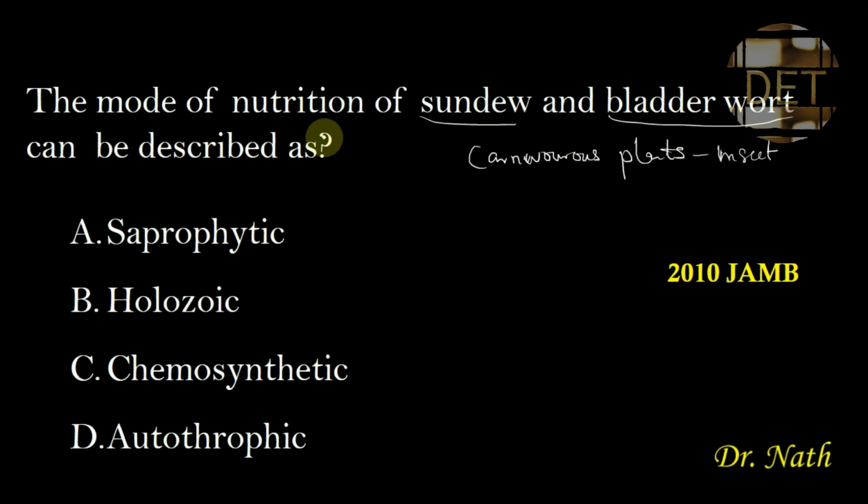So, the mode of nutrition of sundew and bladderwort can be described as, is it saprophytic? It is not saprophytic. Is it holozoic? Yes, it is holozoic, because they are carnivorous plants. They feed on insects. First thing first, they catch the insect, they eat it, they digest it, and they absorb the nutrients from it into their body.